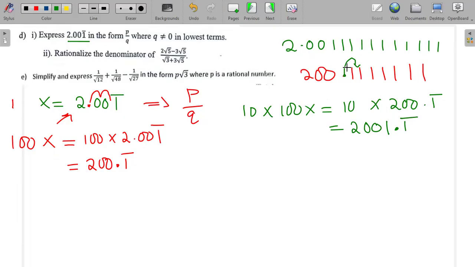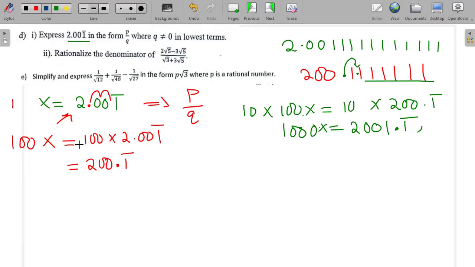I've just moved the decimal point. This part is still repeating; it's this part that I'm representing as a bar. So if I multiply this, I get 1000x.